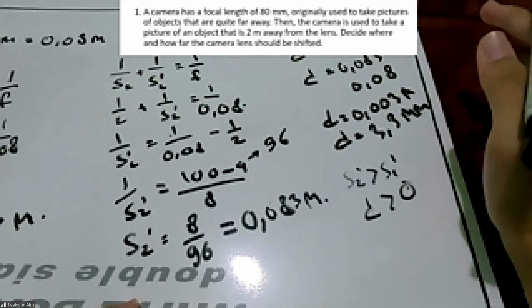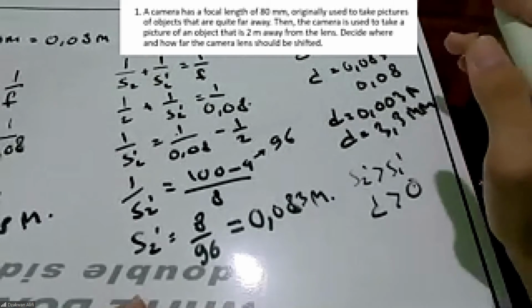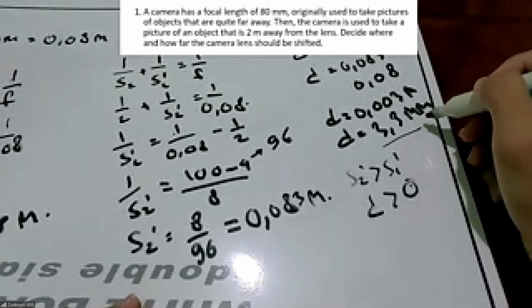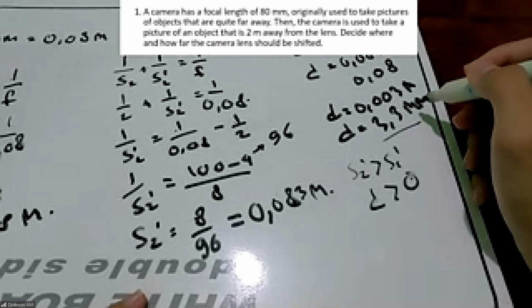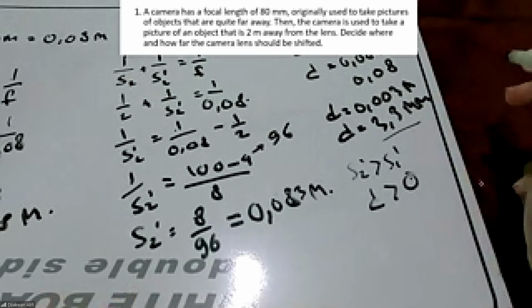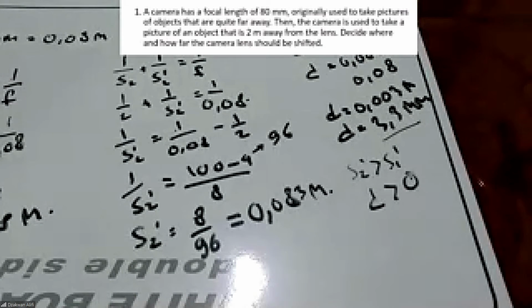Okay, that is the first question. We have found this 3.3 millimeter far away from the lens, from the film. Okay, let's jump to the second question.